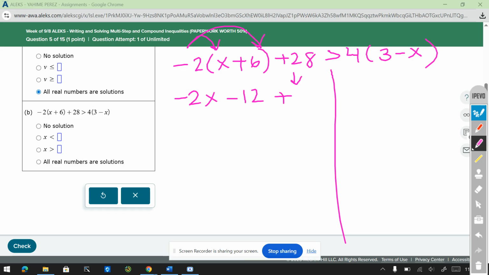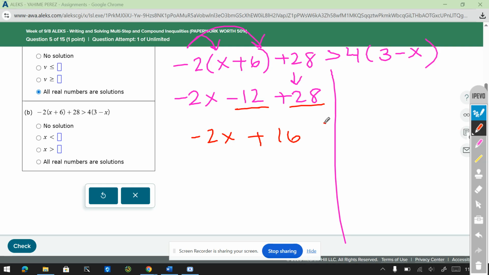And bringing down this 28. I'm still not done simplifying on the left. So I have like terms here. So I'm going to put together negative 12 and 28. So that's different signs. Subtract, right? So I'm doing negative 12 plus 28 is positive 16. Okay. So this left side is simplified.